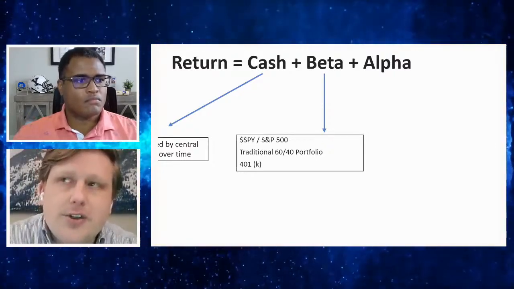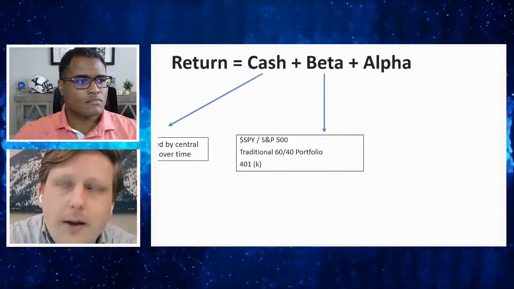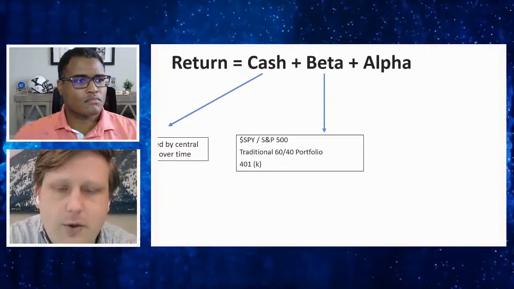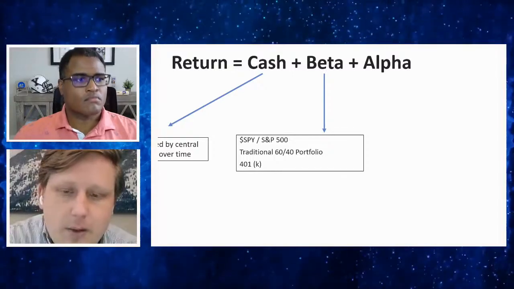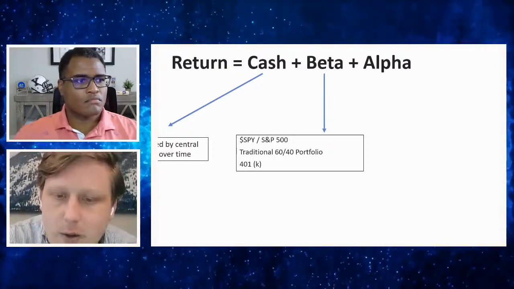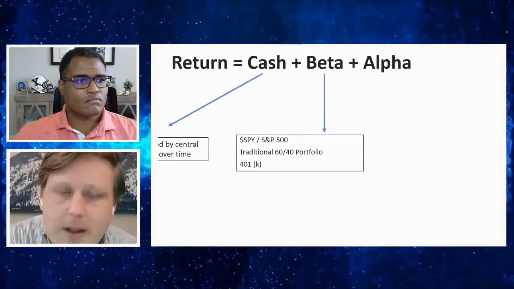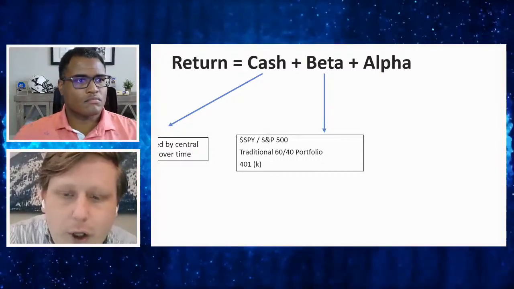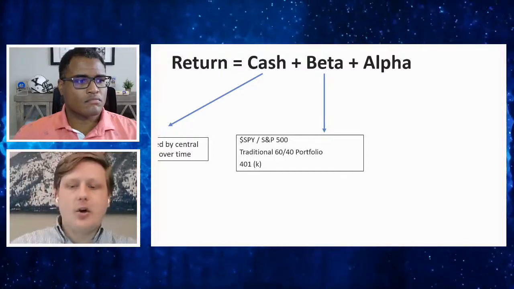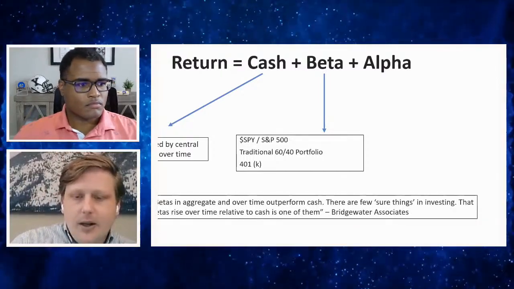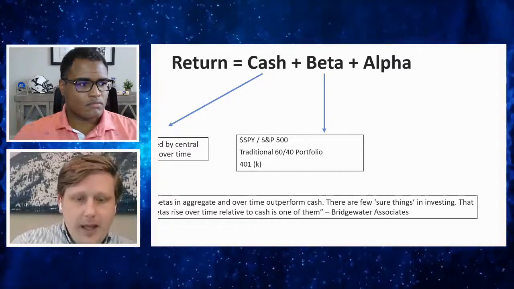This is the traditional standard portfolio that the industry has been with for 20 or 30 years, created by Markowitz. Basically, it is this Markowitz kind of portfolio. And the reason why I consider the traditional portfolio in the beta category is, one, this portfolio will outperform cash over time. So from this article, we learn that betas in aggregate and over time outperform cash.